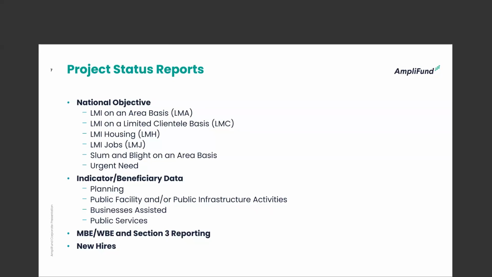And then the last forms that we'll be looking at today are the MBE/WBE section and Section 3 reporting, as well as the new hires form. So this is a list of forms that you'll see when you're going in to access your project status report in your award and Amplifund. And these are the forms that we'll be looking at today, how to complete, and some instructions as well behind the completion of these different forms.